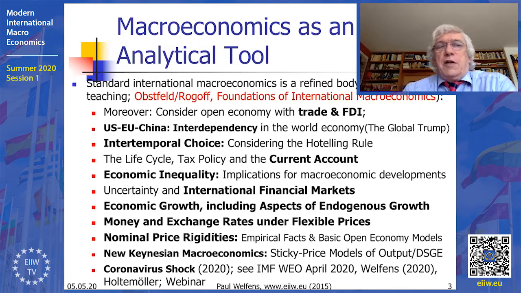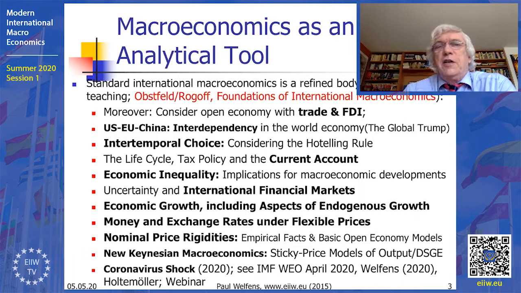So we will also look at US, EU, China perspectives. This is a kind of new world. We no longer have the famous sentence from many textbooks, assume we have a small open economy.